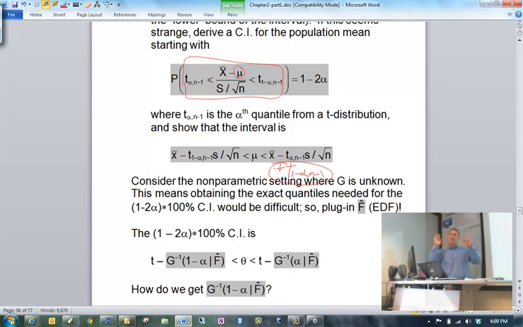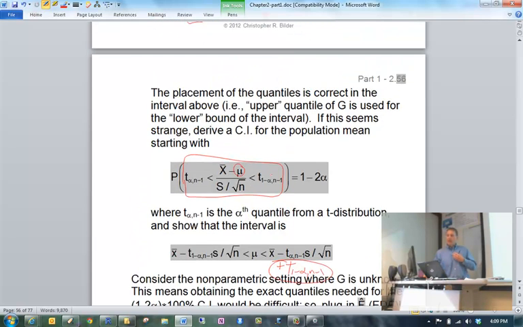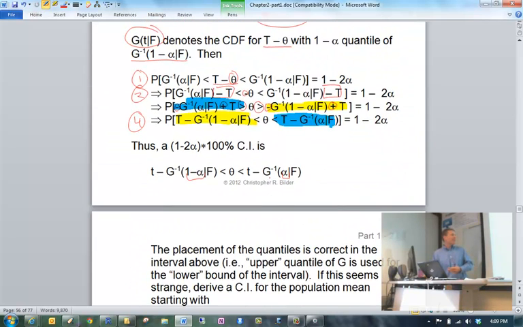And that way you have exactly the same quantile. But in a very generic setting, this is what the interval looks like. Any questions? It's important that you understand this concept. Any questions?